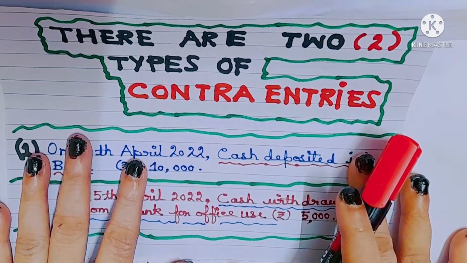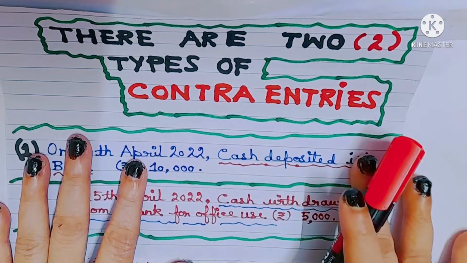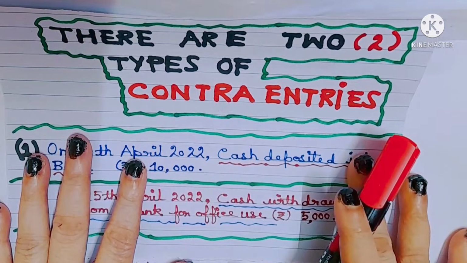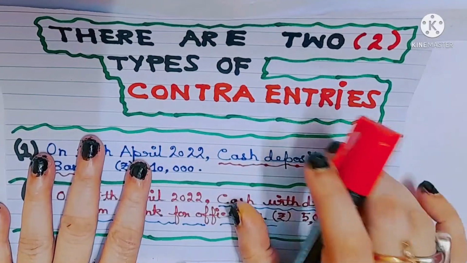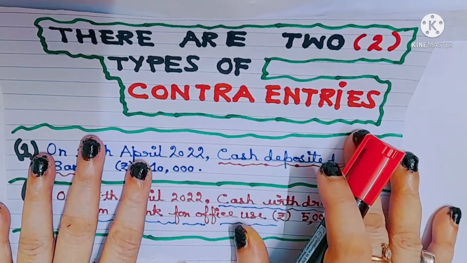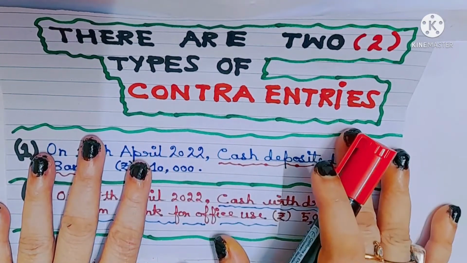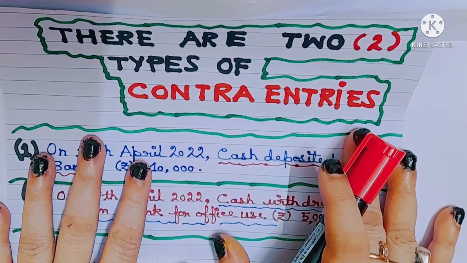Both the debit aspect and the credit aspect of a transaction get reflected in the cash book. Understood? A contra entry is an entry which affects both the cash account and the bank account.